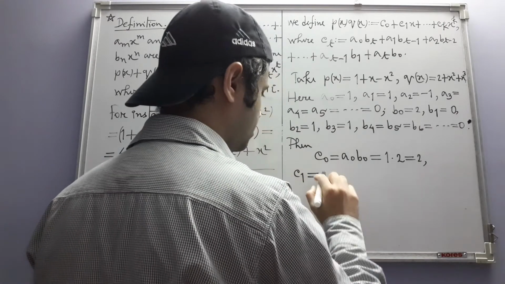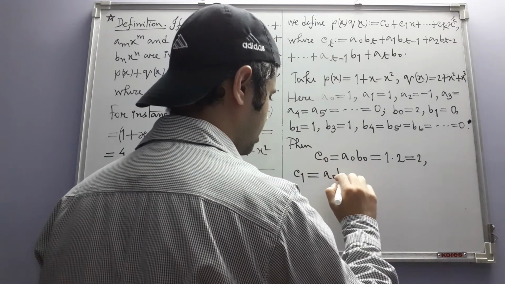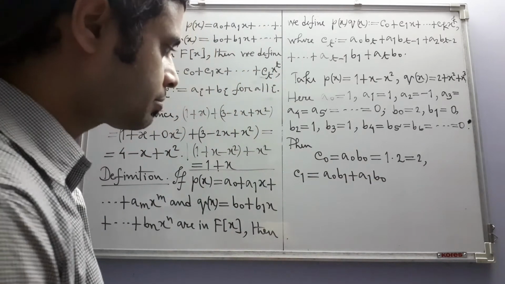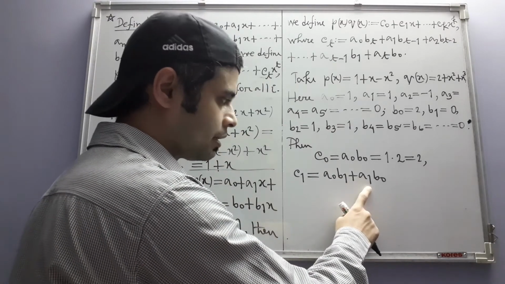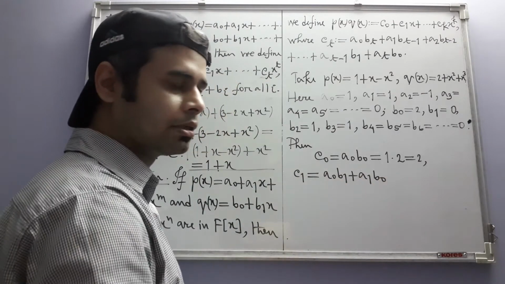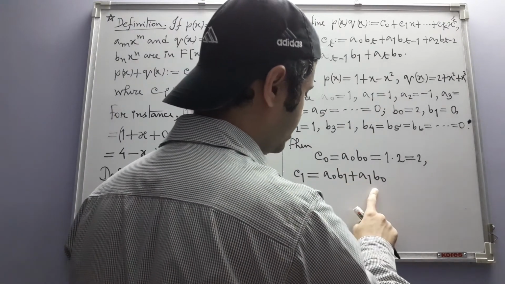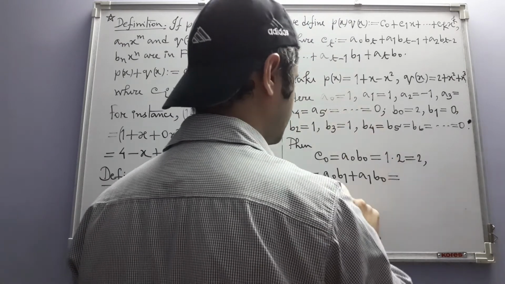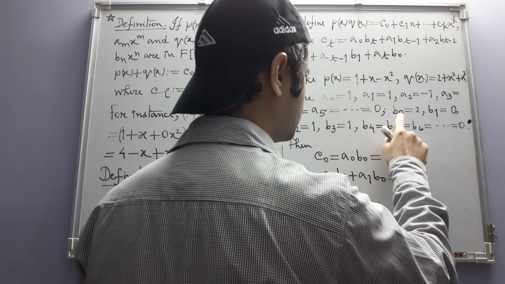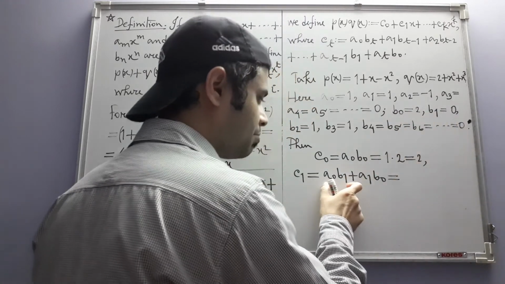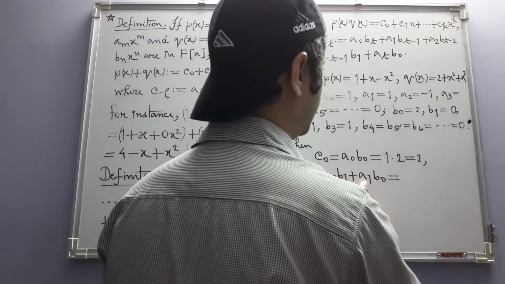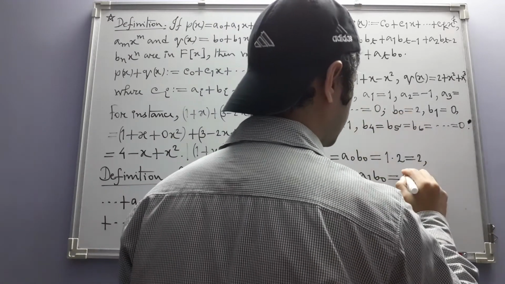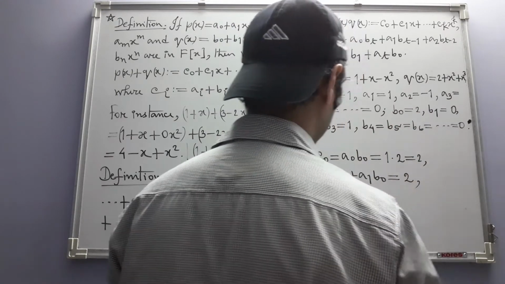C1 is A0 B1 plus A1 B0. 0 increases by 1, it becomes 1, 1 decreases by 1, that becomes 0. So the sum ends here itself. A0 is 1, B1 is 0. So this term will be 0. A1 is 1 and B0 is 2. So this term is again 2. Okay.